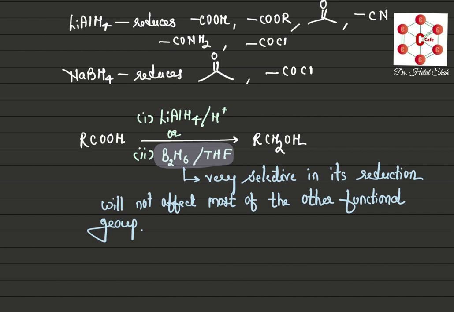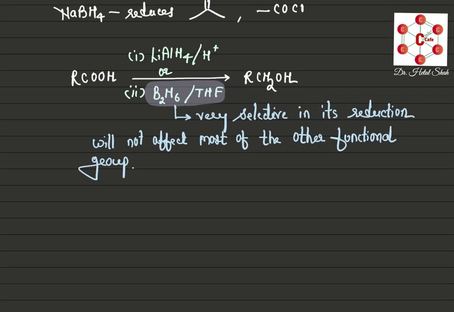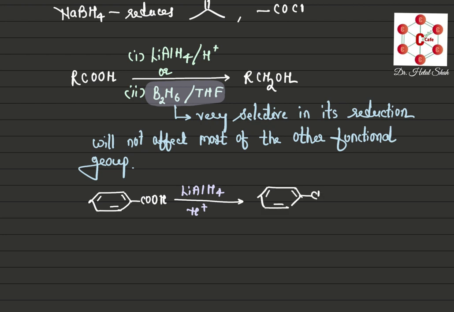The next thing that we have is, I can give you a specific example for doing this. You can have, let's say, an aromatic acid like benzoic acid. And if you use lithium aluminium hydride and then acidify it, what do you get? You get CH2OH plus H2O.